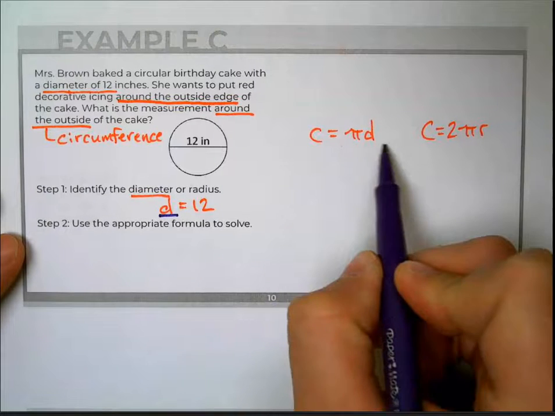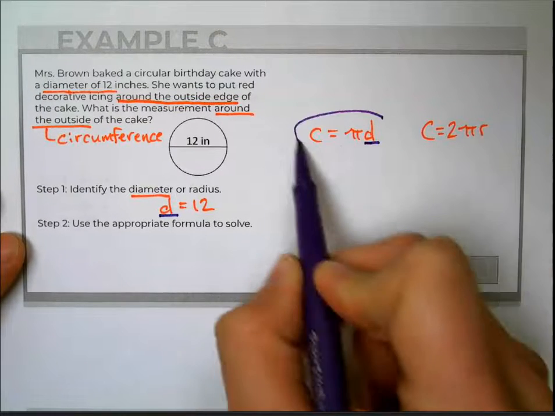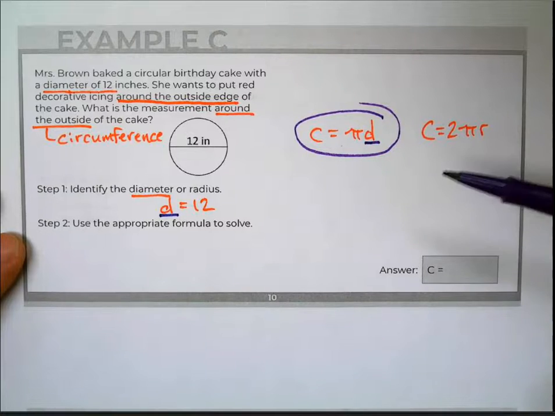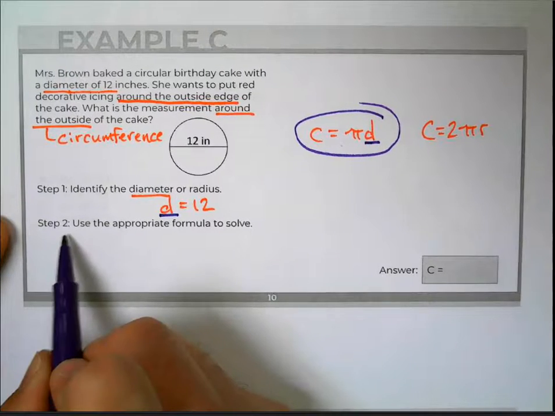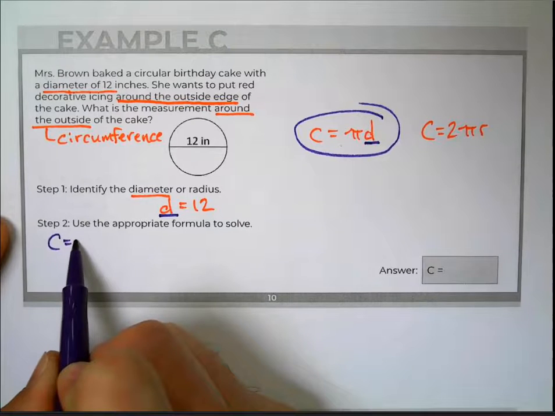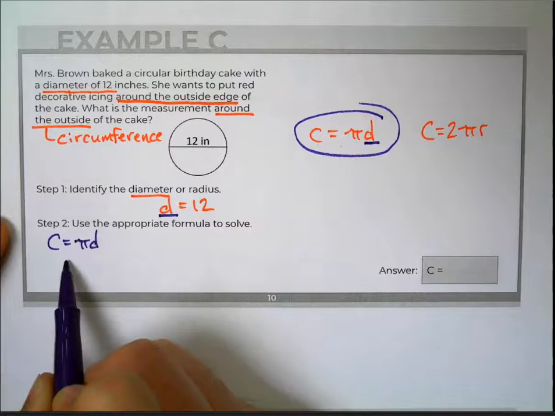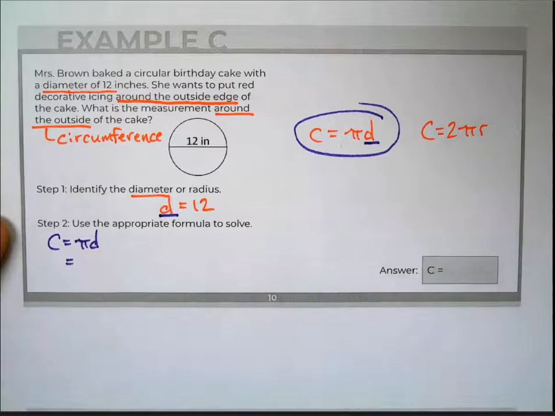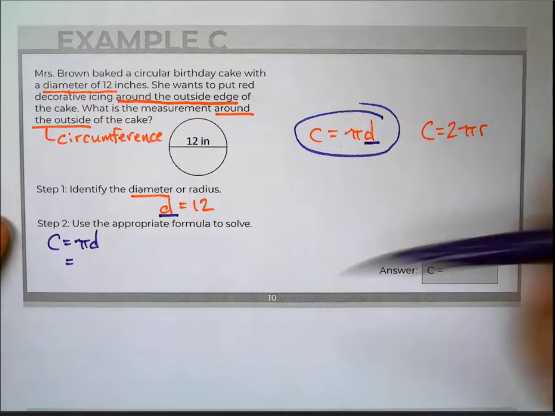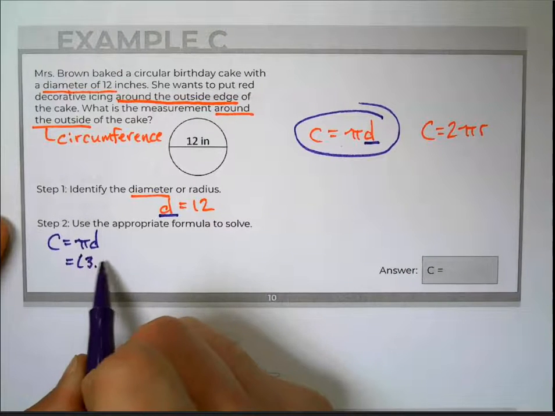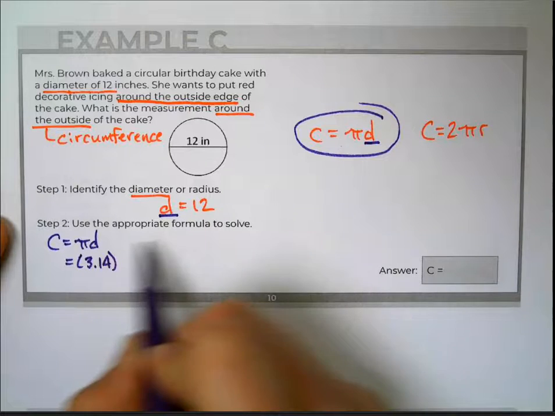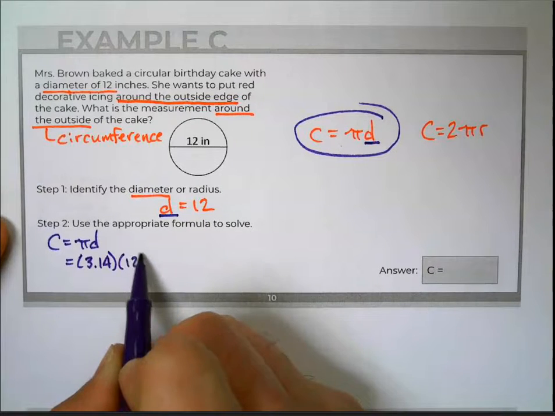No, we're going to use the formula that has diameter. It's not hard to pick whenever you see what information you have. So, circumference equals pi times diameter. This time I'm going to use 3.14, and then over here I'm going to use 3. So for pi it's 3.14, and the diameter is 12.